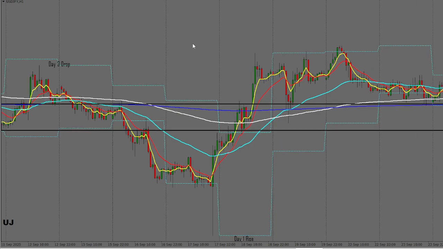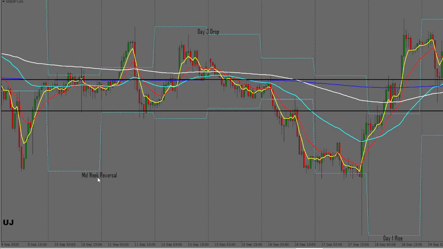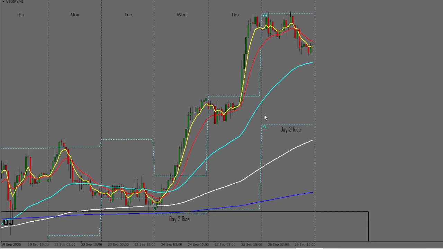So on USD JPY, we need to expect a sell also for the fake move weekend because as you can see here, this is the midweek reversal. So we're definitely going to have a fake move weekend for this coming week from the 29th of September to the 3rd of October 2025.